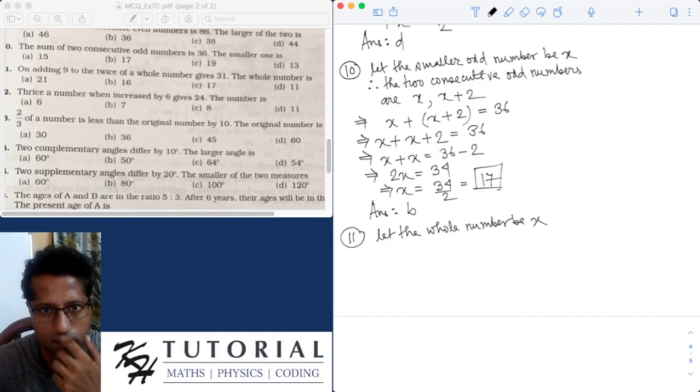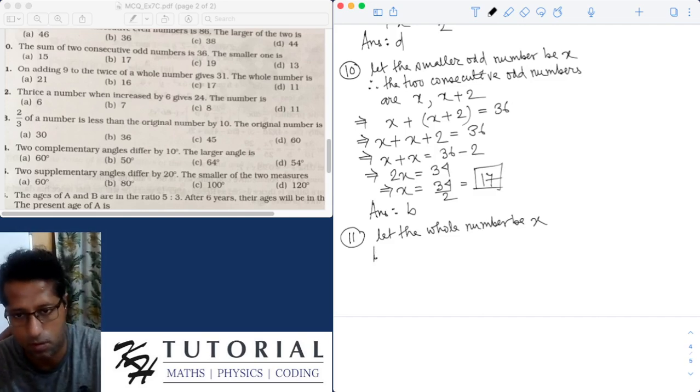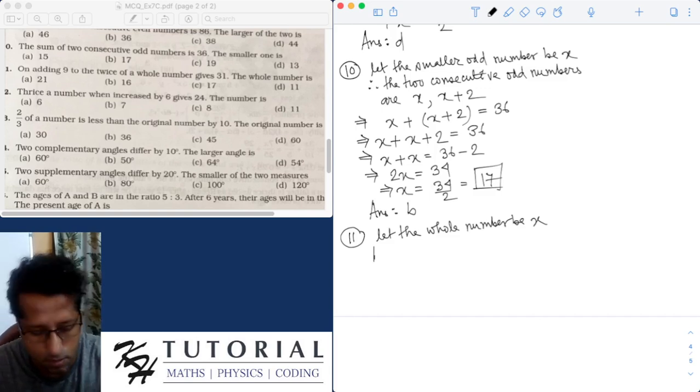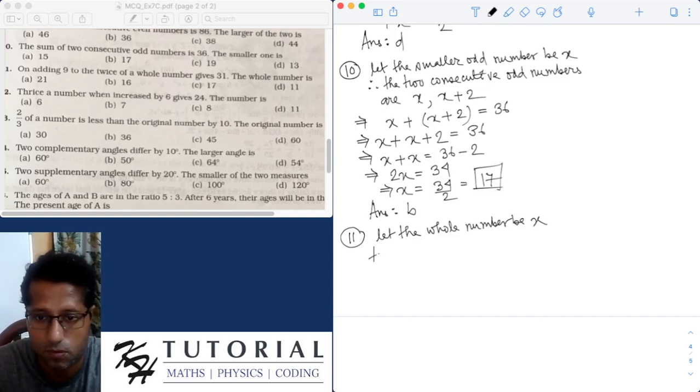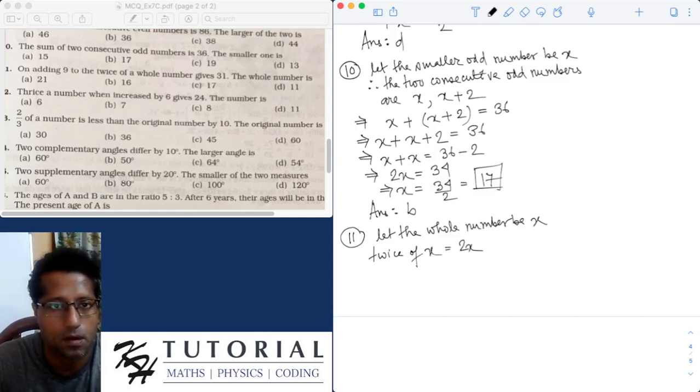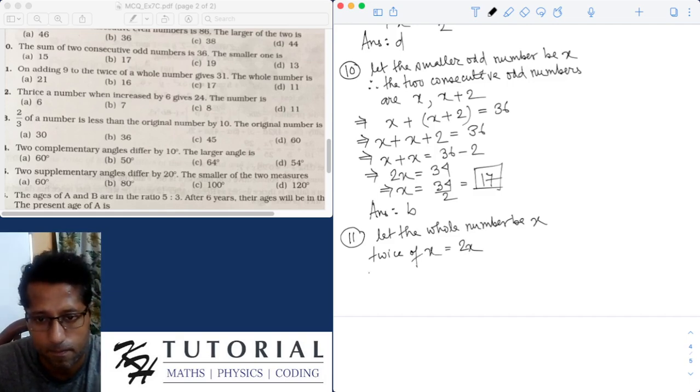Now the fact given is that we add 9 to twice of the whole number. Okay, let's understand the words. Let's utilize the facts given in the statement step by step. So twice of x equals 2x, and 9 added to twice of x, that is 2x, equals 2x plus 9.